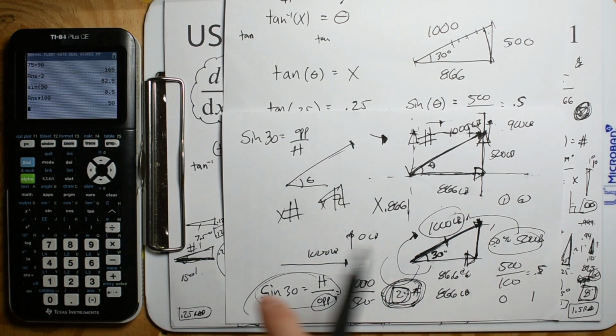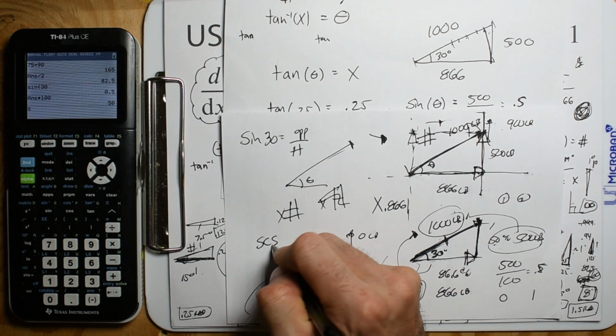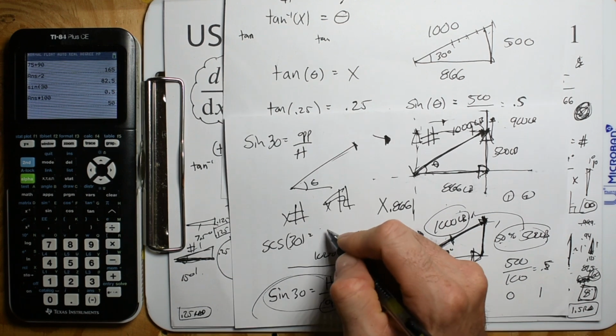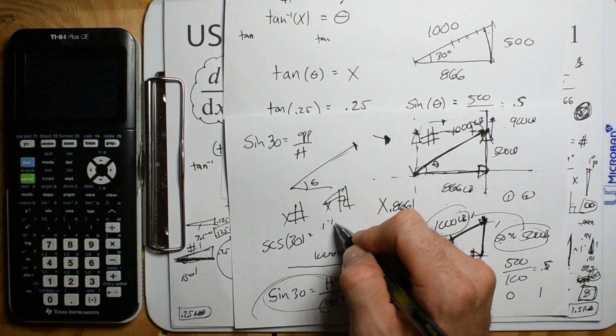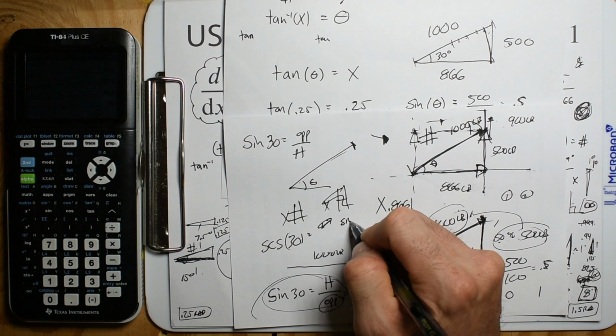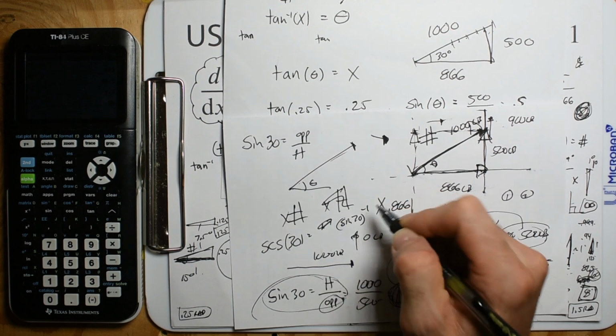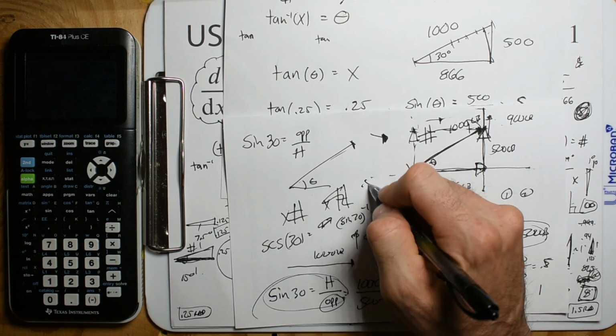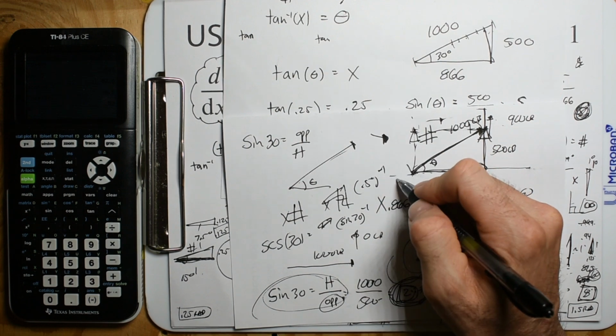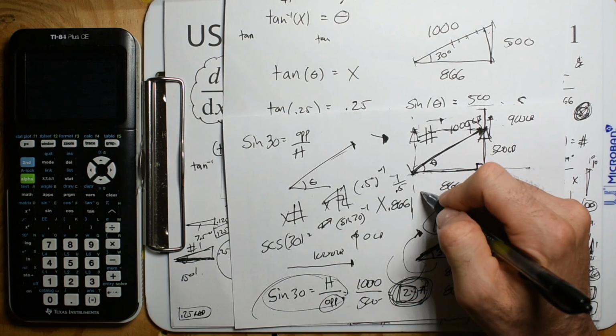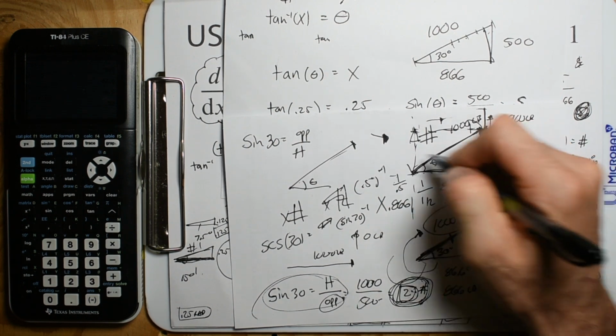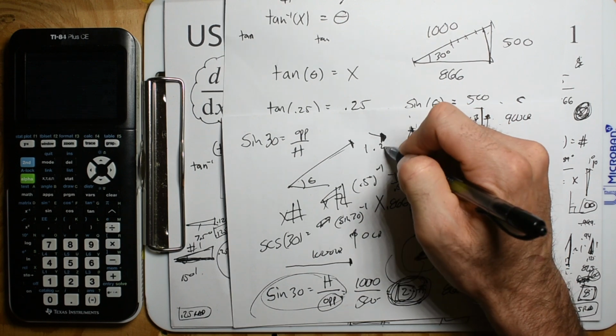If we took the secant of 30, it's going to chisel us out the inverse of sine 30. It's going to take sine 30 and take the inverse of it. That's going to be 0.5 inverse. That's going to be 1 divided by 0.5. That's going to be 1 divided by a half. That's going to be 1 multiplied by 2 divided by 1.